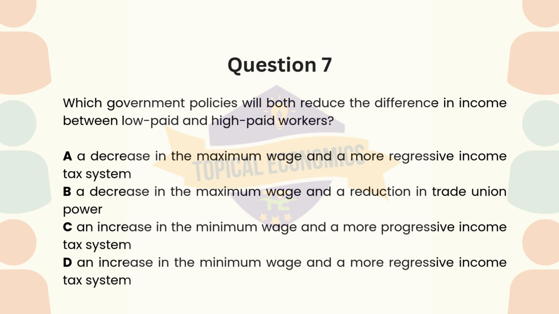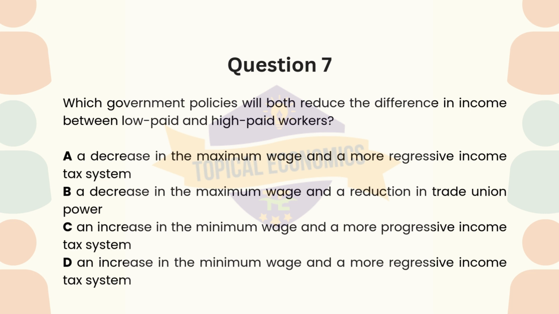Now, decreasing the maximum wage does not effectively address income inequality, and a regressive tax system would worsen income disparities. So, option A is incorrect. Option B, a decrease in the maximum wage and reduction in trade union power. Now, this option could lead to greater income inequality, as reducing union power may weaken wage negotiations for low-paid workers. So this is also incorrect for the question that they have asked.